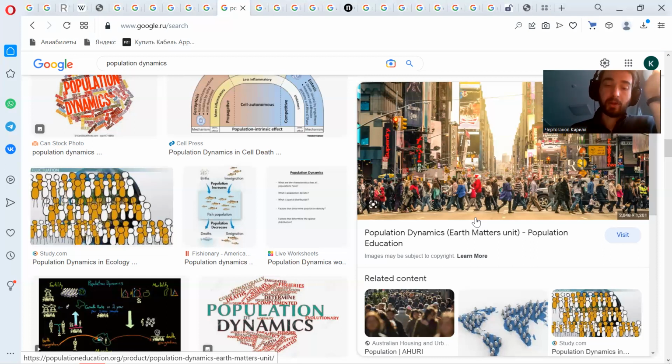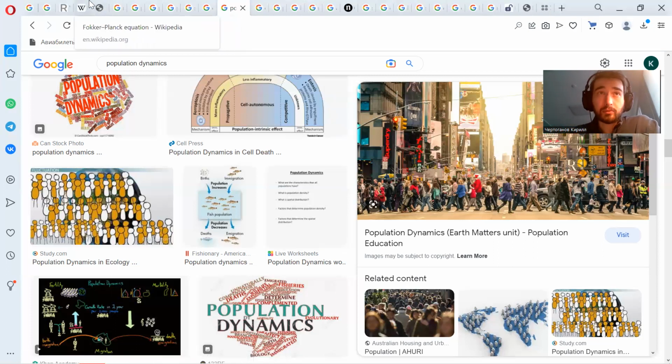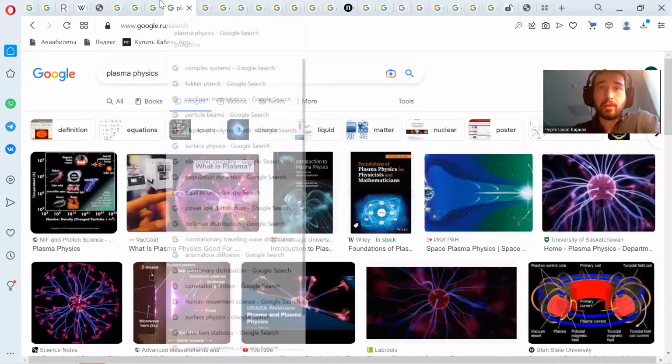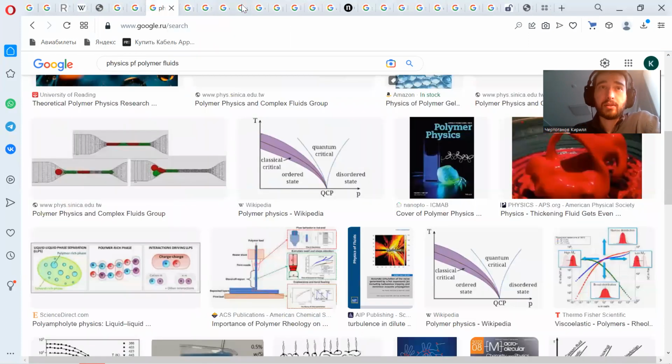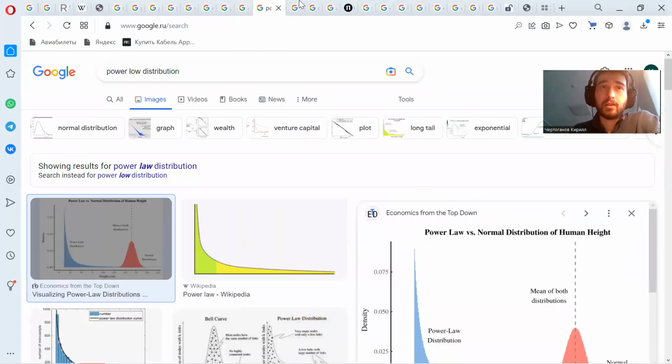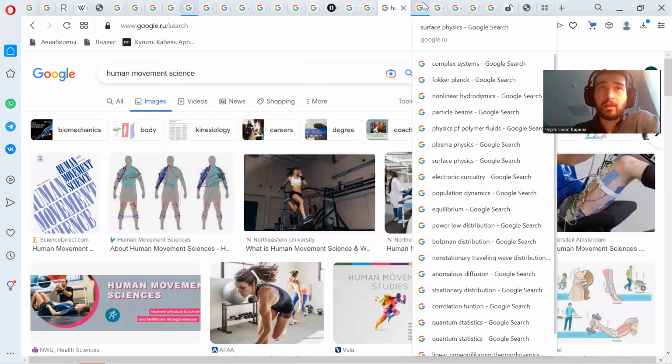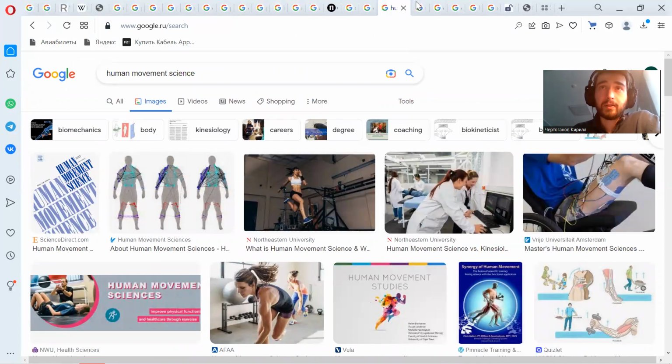And I hope that this course will make the audience interested in this topic of nonlinear Fokker Planck equations, and researchers will see the connections between these different areas in which nonlinear Fokker Planck equations have been applied: in business, in social science, in chemistry, in plasma physics, in physics of polymer fluids, and in some sciences like human movement science and so on.